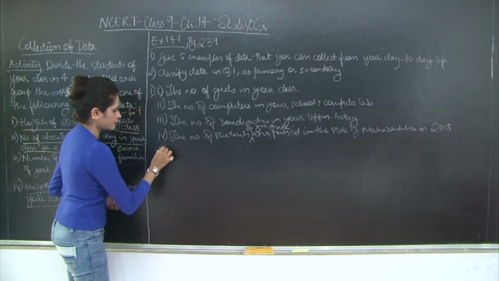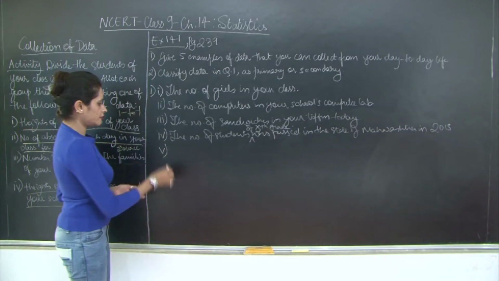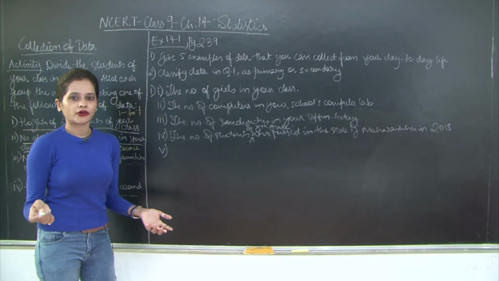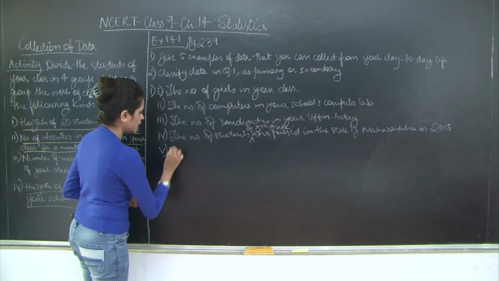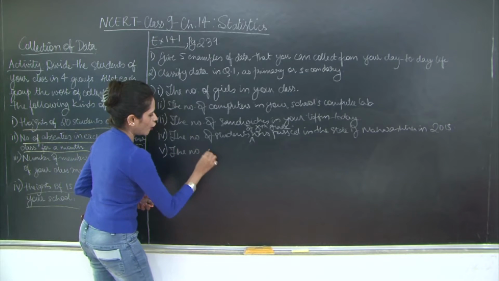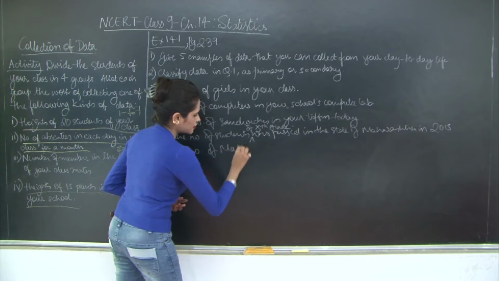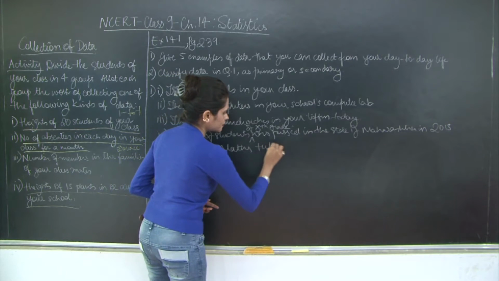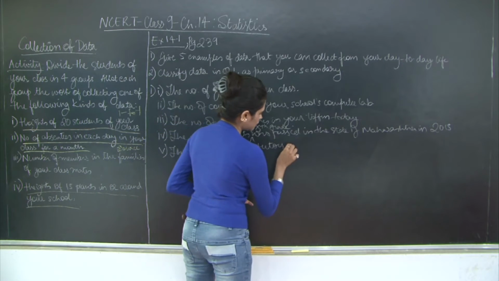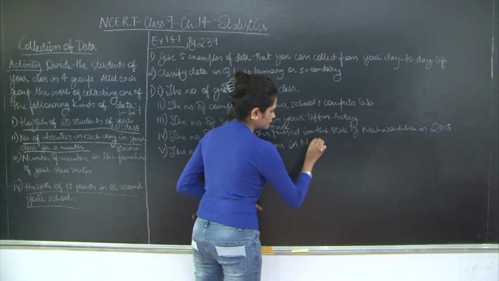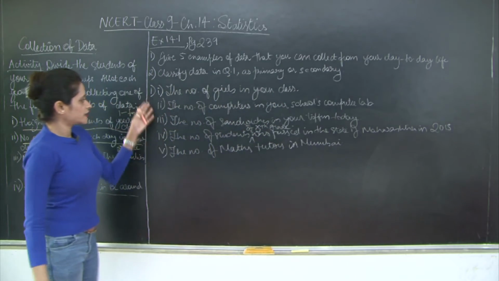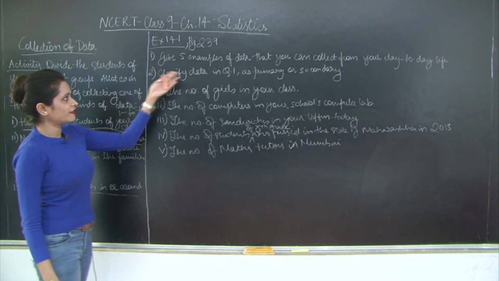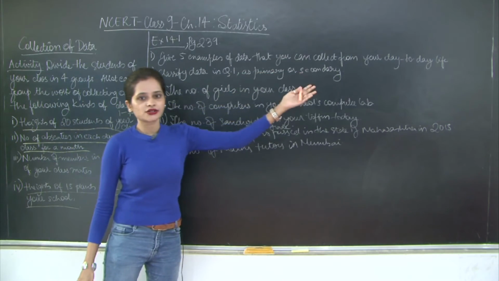Then let's say your parents are looking for a teacher for you, so they are just going through the internet and they are trying to find the number of maths tutors in Mumbai. So these are 5 examples of data that you can collect in your day-to-day life.